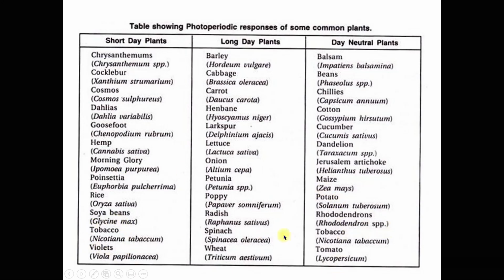Tobacco. I'm not sure why there are two tobacco here. So I think for this tobacco we ignore first, or you can Google which group this tobacco really fits into.